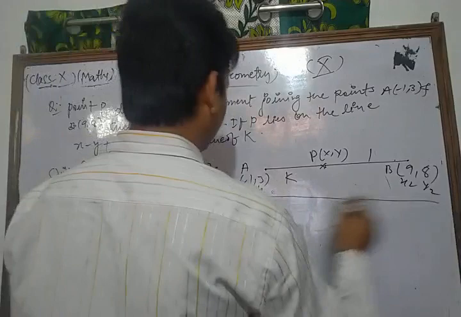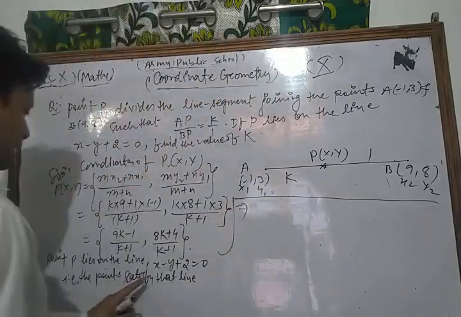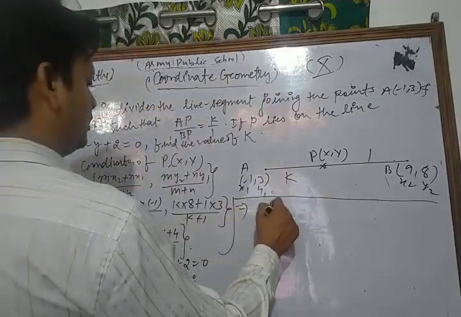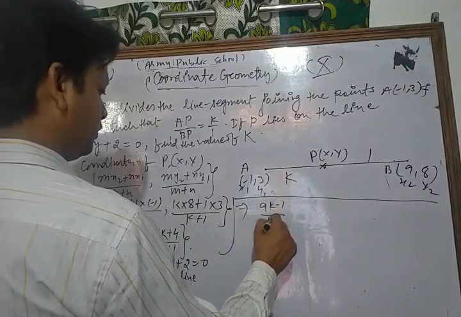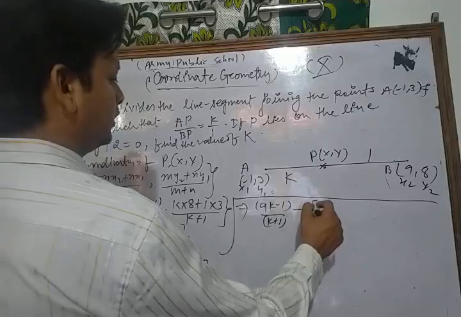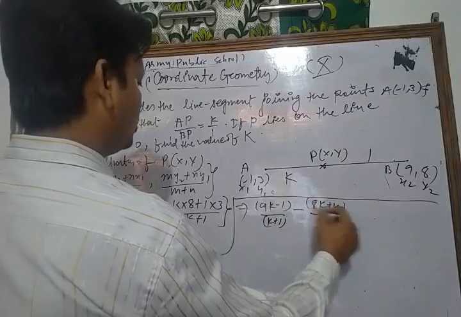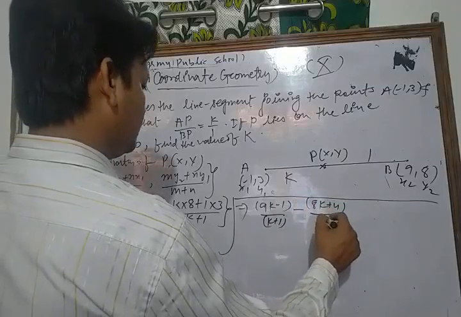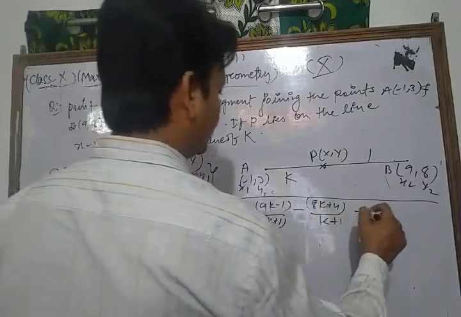Now let's see. Satisfying that line means we put x as 9k minus 1 upon k plus 1, minus y, which is 8k plus 4 upon k plus 1, and plus 2 is equal to 0.